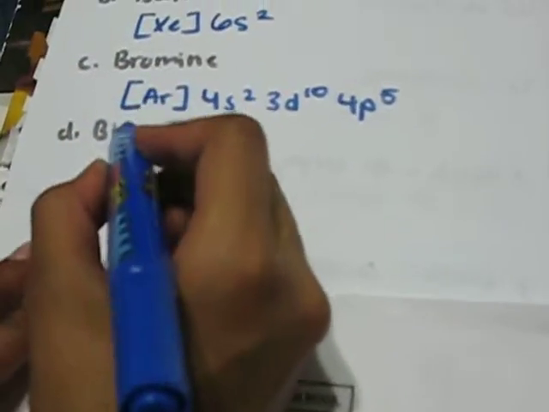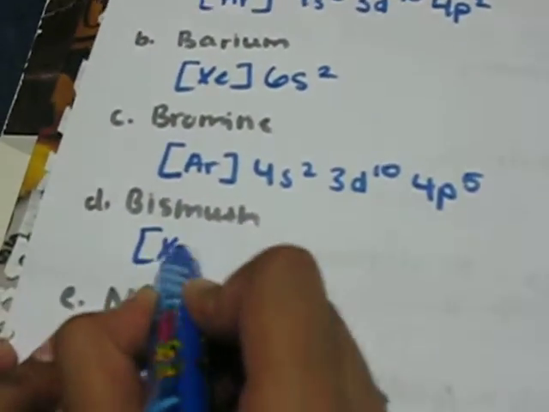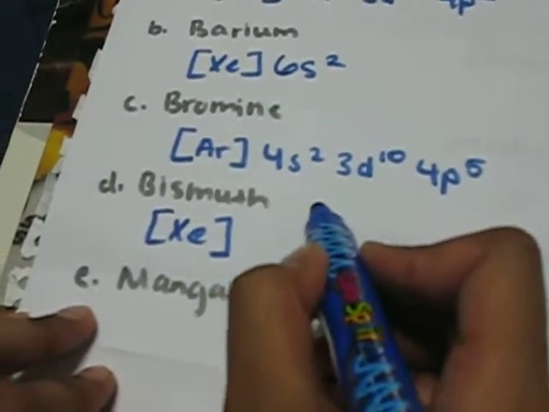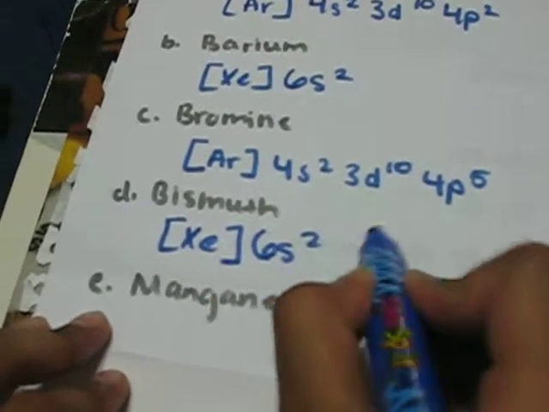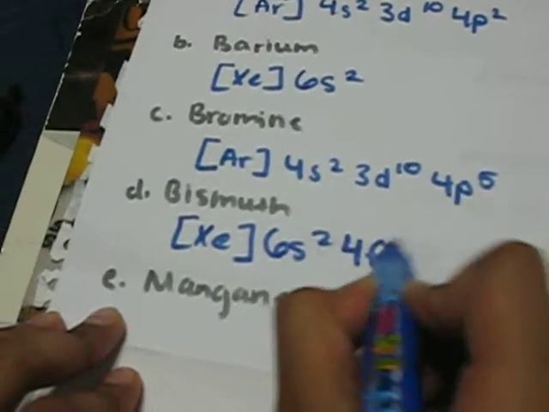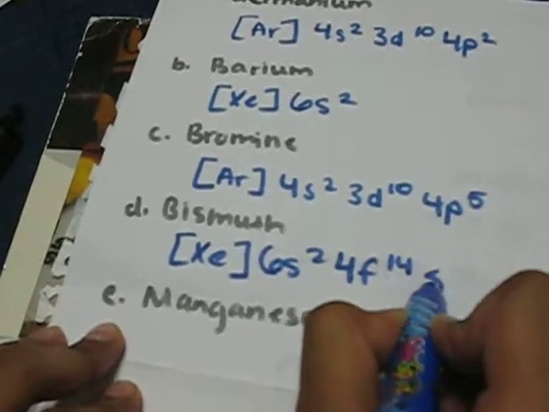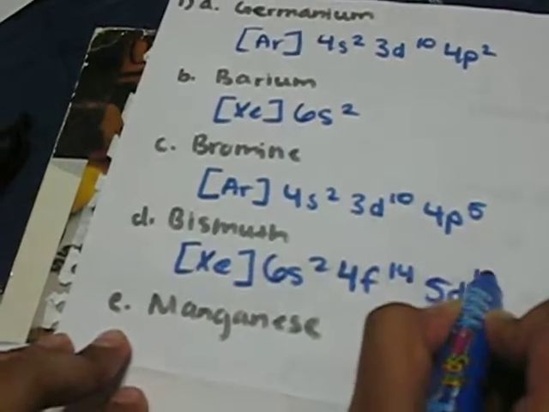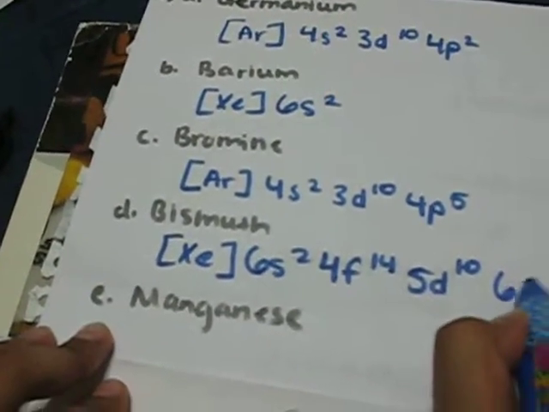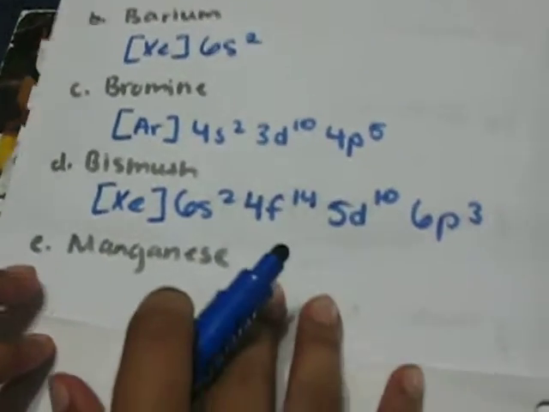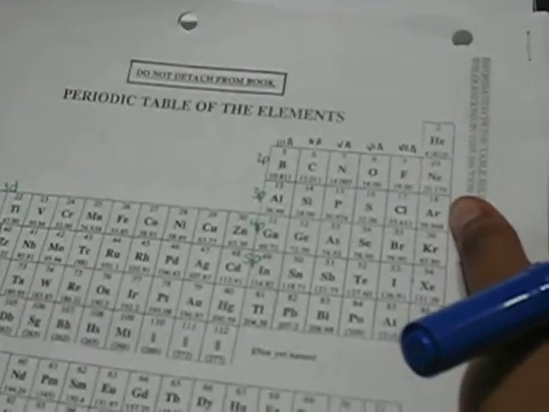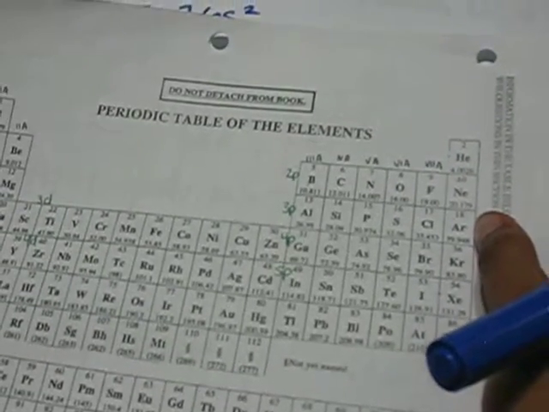So for bismuth, you're going to be starting with xenon, then you continue to 6s2, 4f14, 5d10, and 6p3.